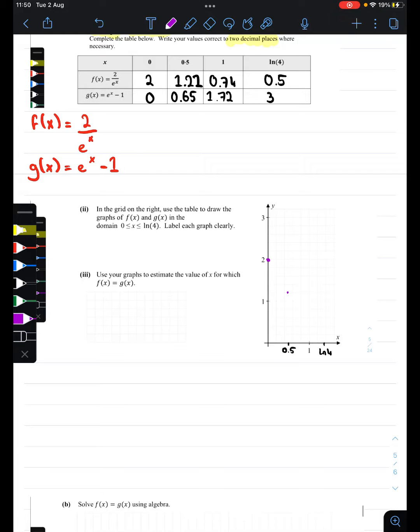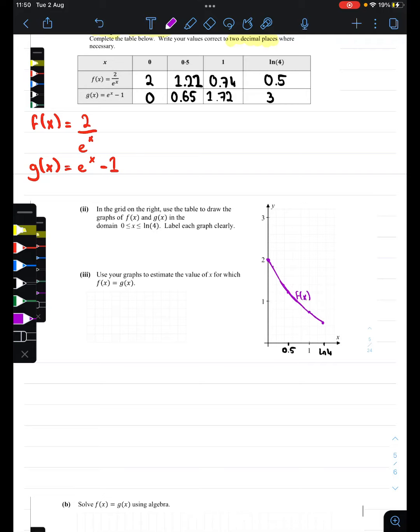So something like this. And when x is ln 4, it's 0.5. So something like this. And now we just connect the dots here to give ourselves some sort of curve like this. And then this is what f of x looks like.